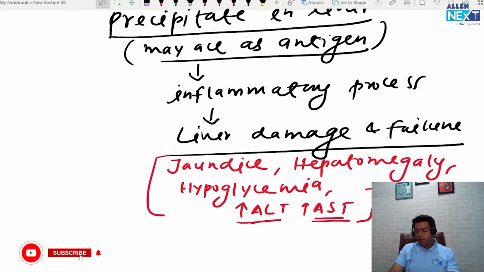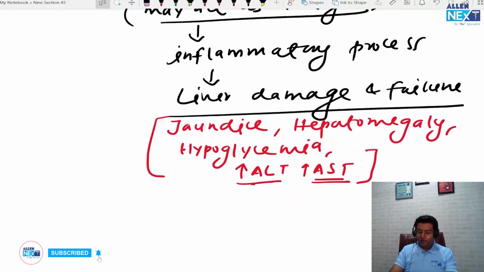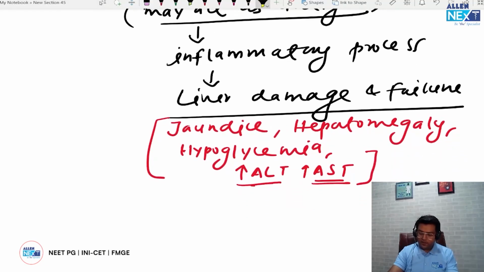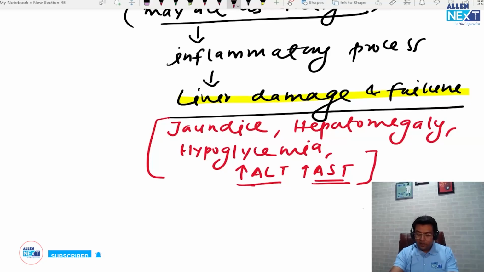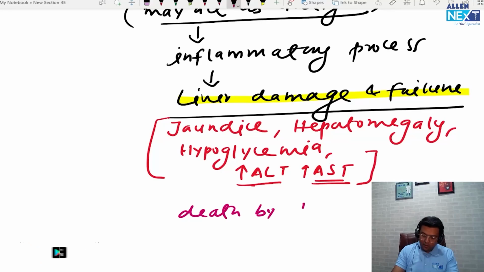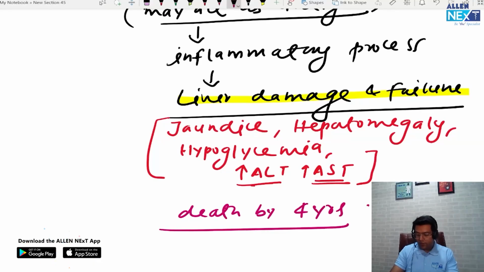Right? So liver damage and failure, guys. So guys, remember, this is the only disease where the liver failure and damage is very common. Okay, it can happen in other diseases too, but it's not so early. Actually, here in this case, there will be death by 4 years of age.